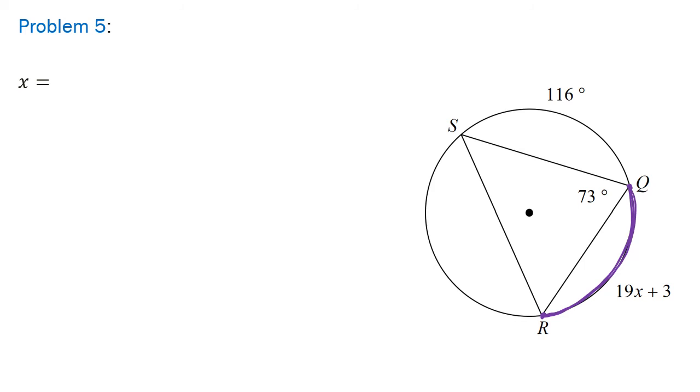Therefore, if we need to know what this arc is, we want to know what its inscribed angle is right here. Well, that inscribed angle, you may notice, is part of a triangle SQR. And we all know how many degrees are in a triangle, 180 degrees. We know one angle, angle Q, is 73, but they didn't tell us what R is, but we can find it pretty easily.